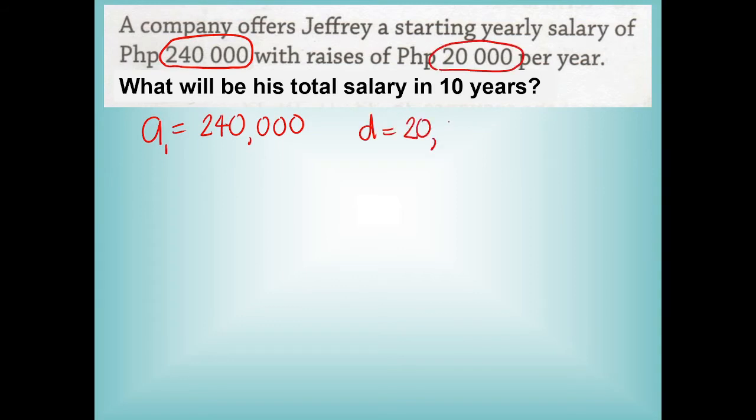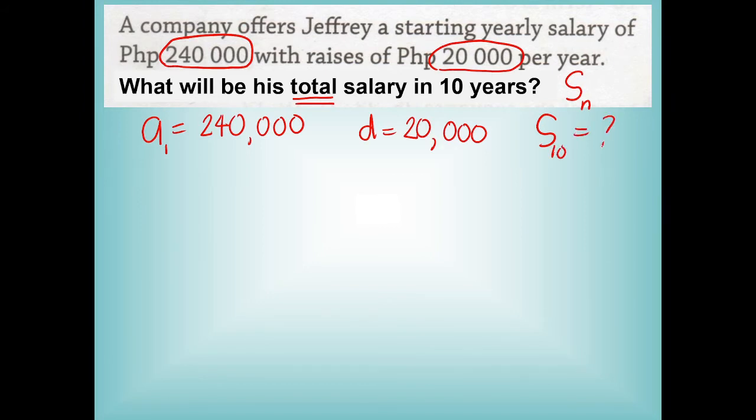But the question here is this. What will be his total salary in 10 years? From the word total, what are we solving for? Is it A sub n or S sub n? Okay. Keyword again. Keyword is total. So, I will be solving for S sub 10.